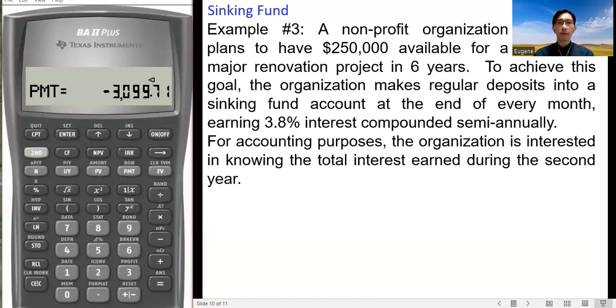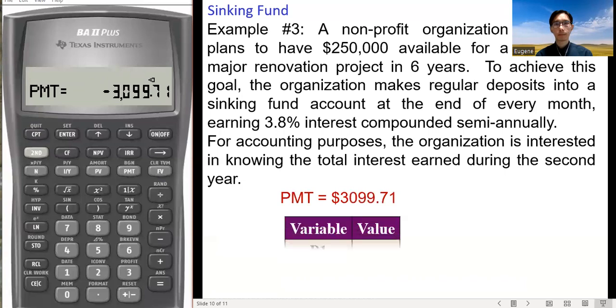The question is, for accounting purposes, the organization is interested in knowing the total interest earned during the second year. What is the value of P1 and P2? Monthly deposit.